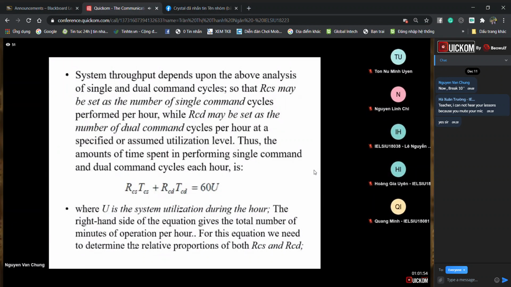For this equation we need to determine the relative proportions for RCS and RCD. You remember. Now I repeat, the right hand side of the equation gives the total number of minutes of the operation per hour. For this equation, we need to determine the relative proportions for RCS and RCD.